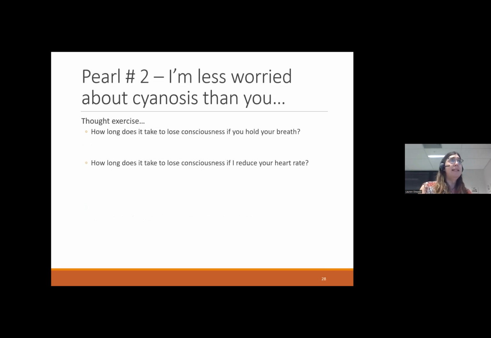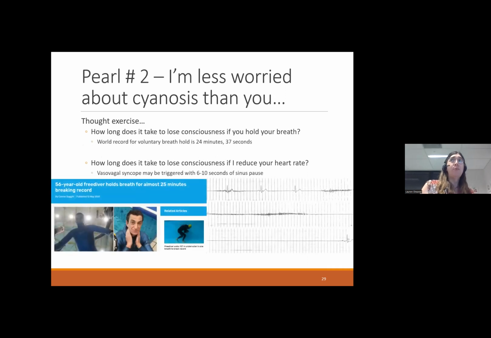Pearl number 2 is I'm much less worried about cyanosis than you are. And I just want to go through a brief thought exercise. How long does it take to lose consciousness if you hold your breath? And I want you to contrast that with how long it takes to lose consciousness if I drastically reduce your heart rate. And the answer, not surprisingly, is the world record for a voluntary breath hold is 24 minutes and 30 seconds.